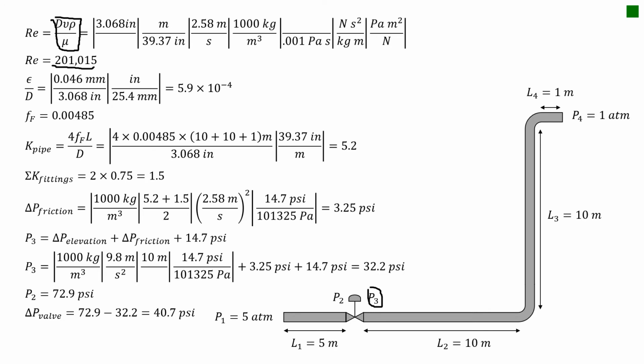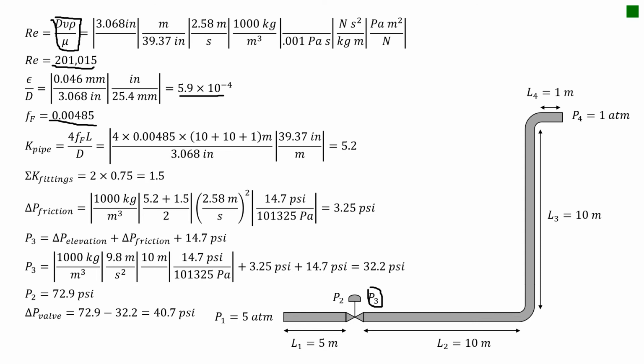our pipeline. Our relative roughness is the surface roughness of the steel pipe divided by the pipe inside diameter. It's also a unitless quantity, so we convert our units and end up with 5.9 times 10 to the minus 4. Using our Fanning friction chart, we get a value of 0.00485.